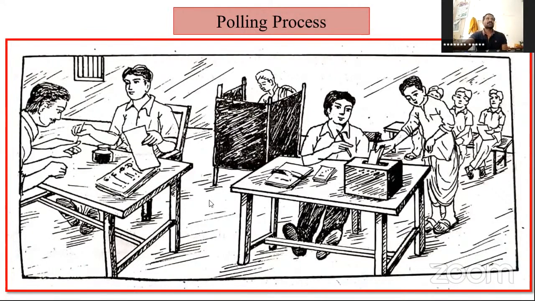Look at this polling process, how it is inside the polling station or polling booth. A person came to vote. Who is allowed to vote? Those who are registered in the electoral roll are allowed to vote only.